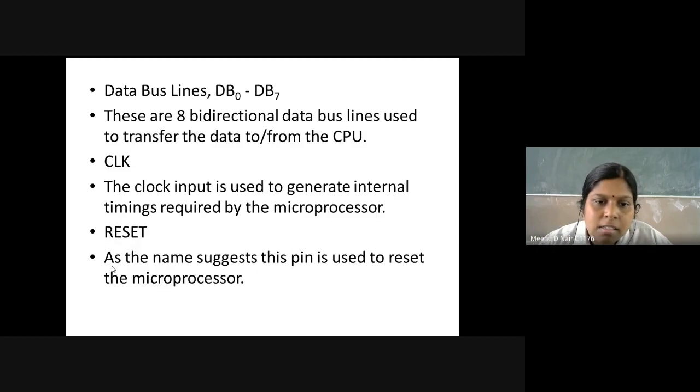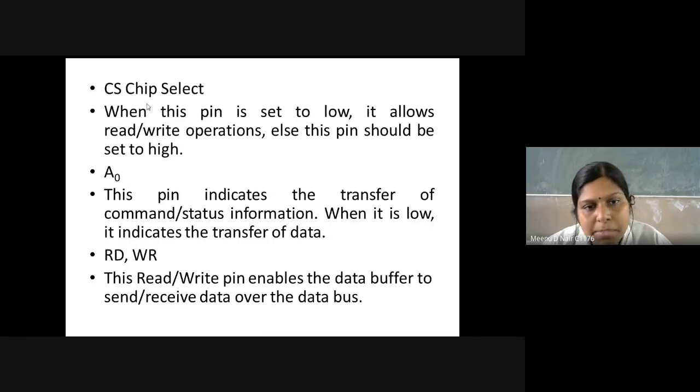Then the reset pin is used to reset the device. It will reset whatever data is there, all the values. You can see what reset does if you are in our lab. Next is chip select. Only if chip select is zero will the IC be working.